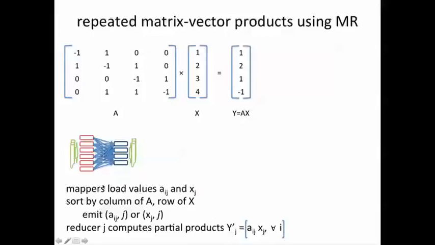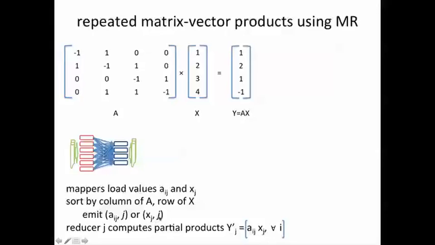The mappers are going to sort these by column of A and row of X. So a mapper will emit the key J for aij. If it reads aij, it'll emit J as its key, telling it to go to the jth reducer, and for any element of X, it'll just tell the jth element to go to the jth reducer.